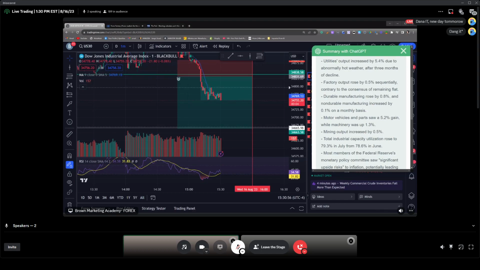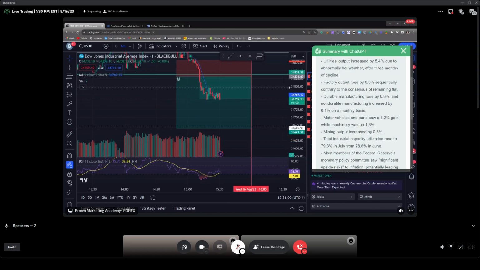Looks like it's going to break. Still needed to close. Wow. Strong. Come on. Strong area there. You can close trades at 3:30.